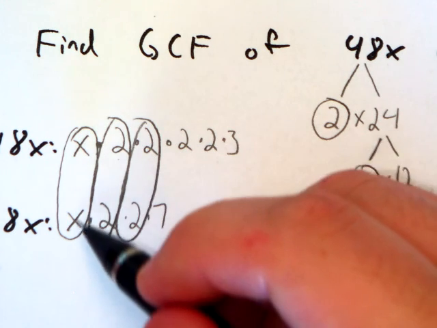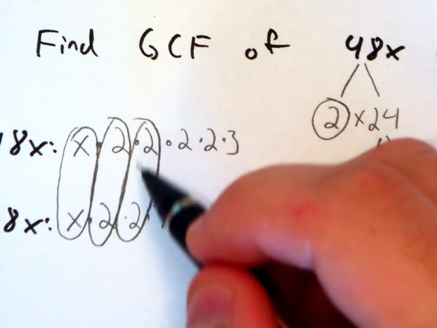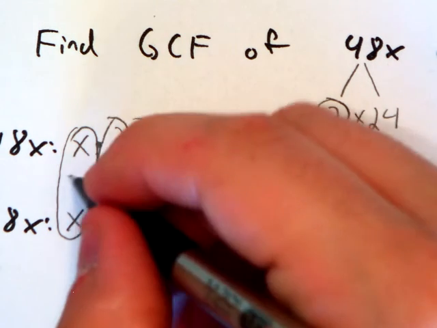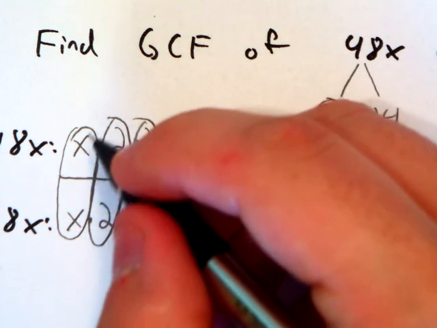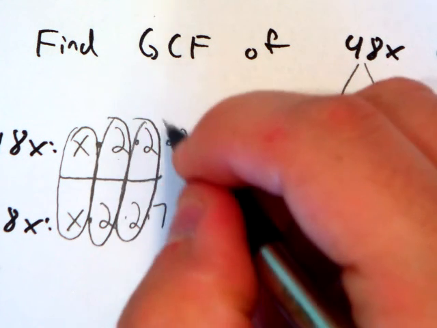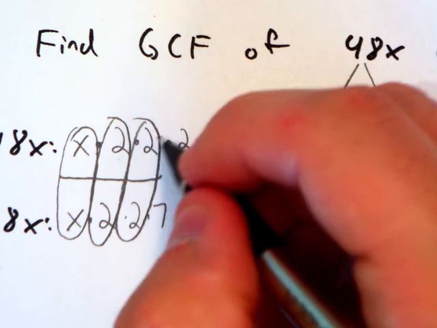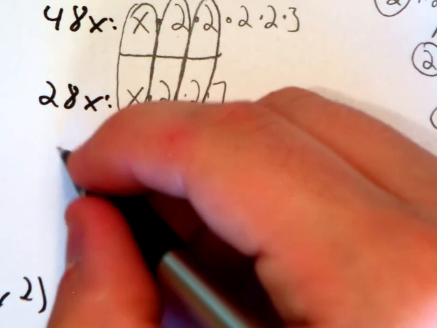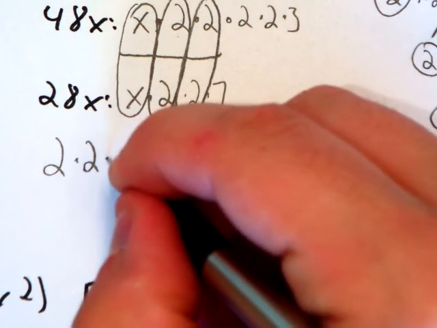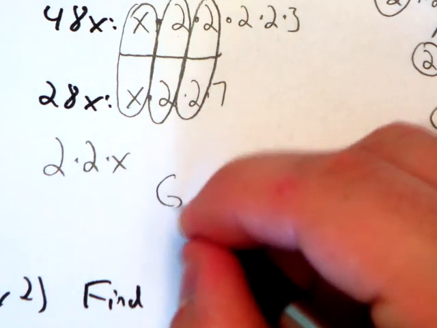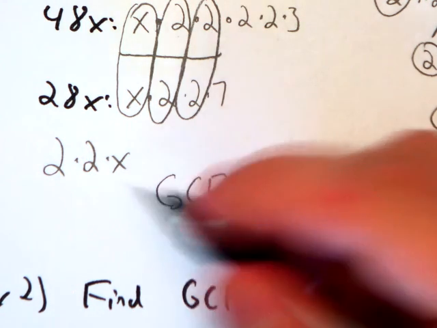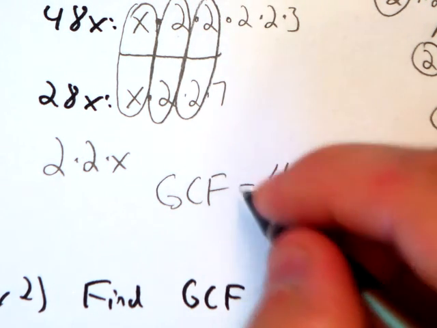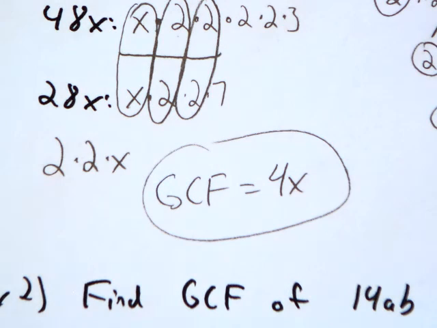So to find our prime factorization now, we multiply the numbers that are in here. So we split this in half, and we multiply one of the set of numbers. So x times 2 times 2. So the greatest common factor is 2 times 2 is 4 times x is 4x.